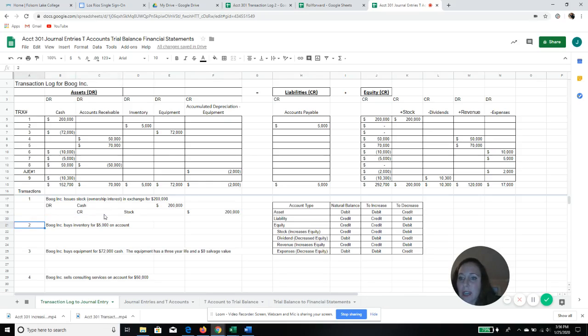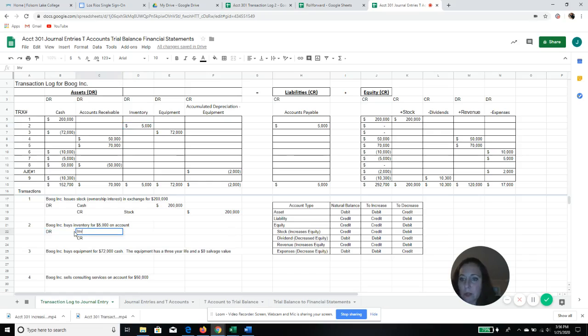The next transaction was Boog buys inventory for $5,000. Okay. So we will have a debit and a credit. So first we have an increase to inventory. Inventory is an asset with a natural debit balance. So we're going to increase inventory by debiting it.